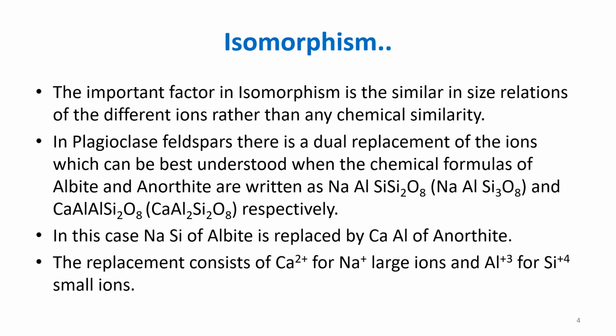In this case, the NaSi of albite is replaced by CaAl of anorthite. This replacement consists of calcium plus 2 ions for larger sodium ions, and aluminium plus 3 ions for smaller silicon ions.